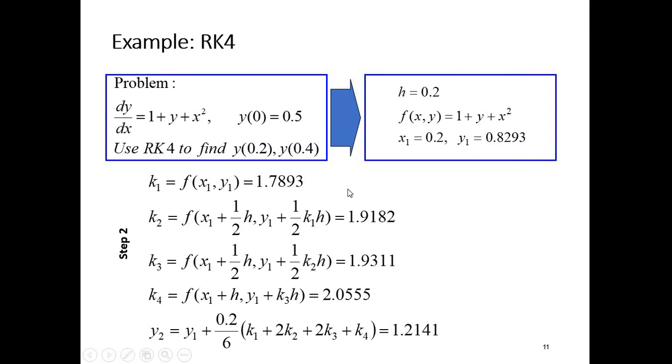Now that you have got your k1, k2, k3, and k4, you can substitute to obtain your y2, which is given by y1 plus h, 0.2, over 6, times k1 plus 2k2 plus 2k3 plus k4. Your next value, which is y2, so your y value at 0.4 is 1.2141.